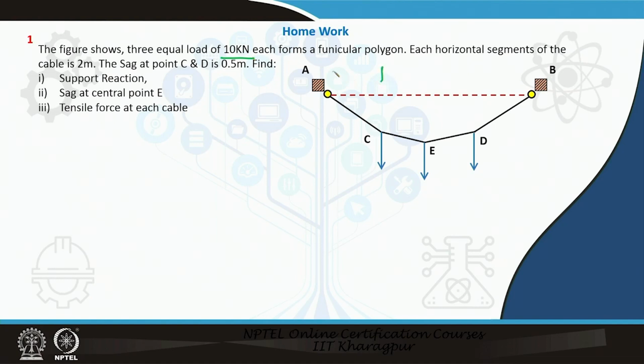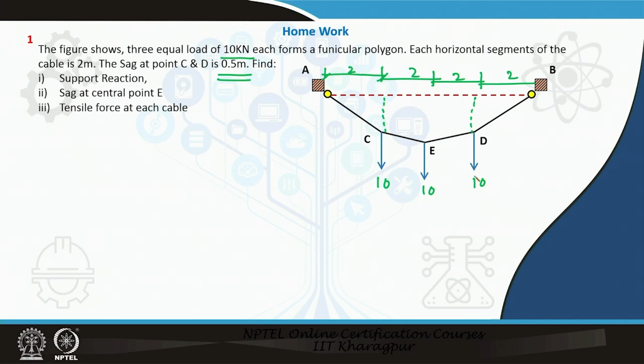So these are all 2 meters. The sag at point C and at point D is also mentioned as 0.5 meter, and these are all 10 kilonewton.